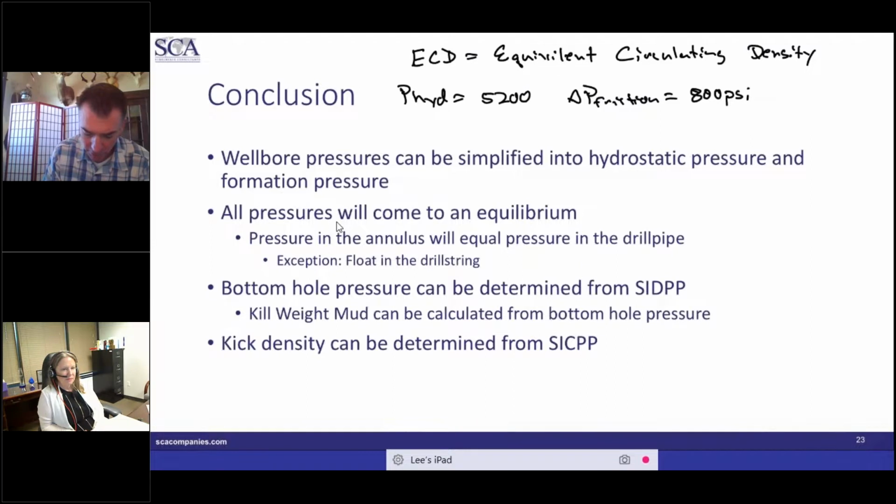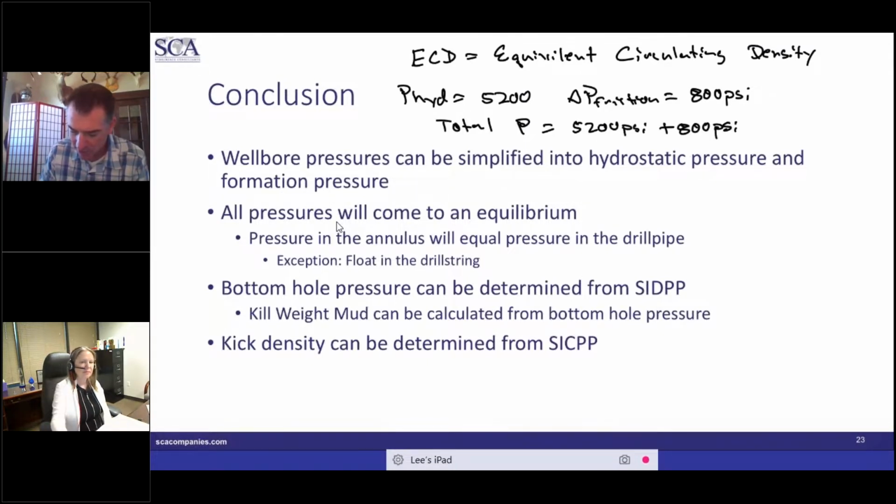The total pressure is equal to 5,200 psi plus 800 psi, and that would be 6,000 psi. This would be the pressure the formation is seeing, and if we convert that into an equivalent mud weight, we call it an ECD.